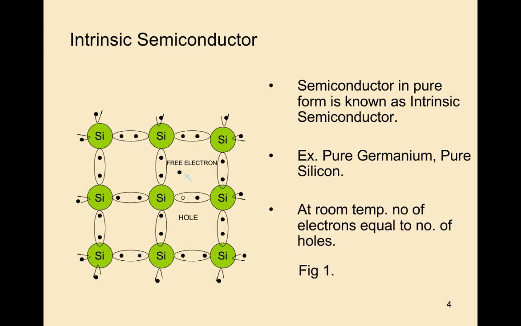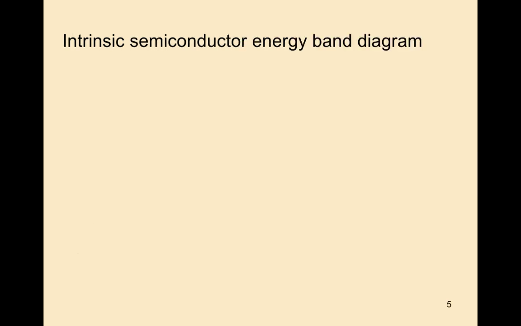At room temperature, the number of electrons and the number of holes are equal in intrinsic semiconductors. Examples are pure germanium and pure silicon. This is about intrinsic semiconductor.